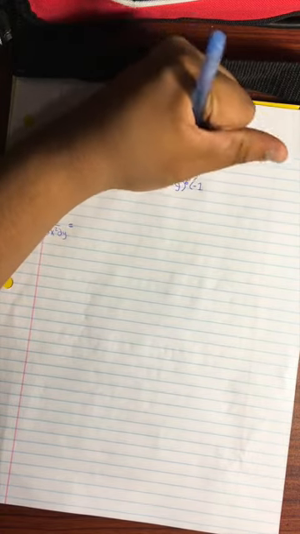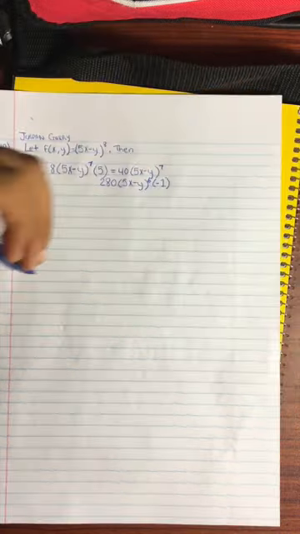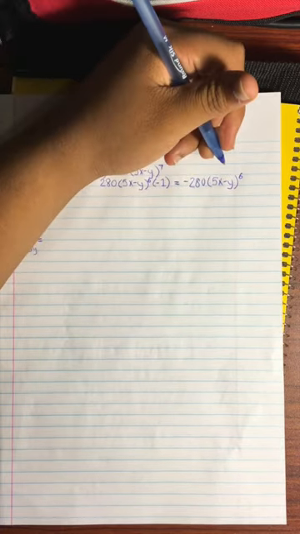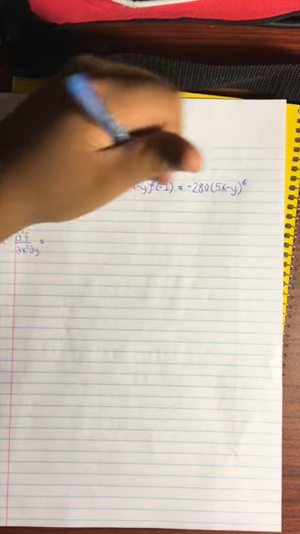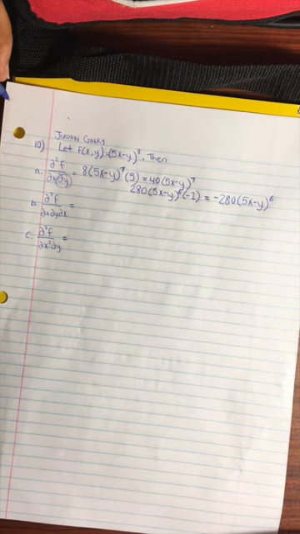So it's times negative 1, since we have negative y. So then that gives us a final answer of negative 280 (5x minus y) to the sixth. So that is the answer to our first problem.